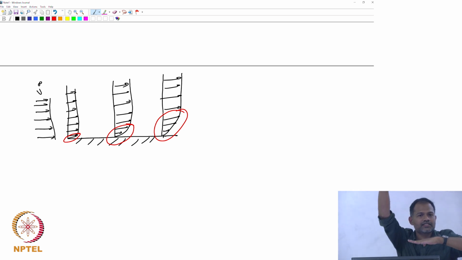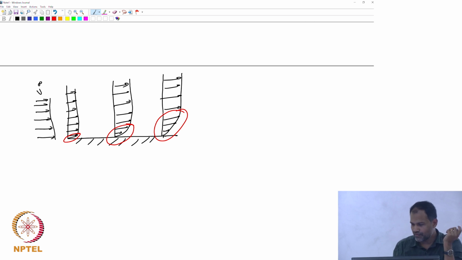But we don't want to talk about that, so we need to give some criterion for the boundary layer thickness. We can say that whenever the velocity reaches 99% of the free stream velocity, we will call this the boundary layer thickness, or you could call it 99.99%, whatever you like.